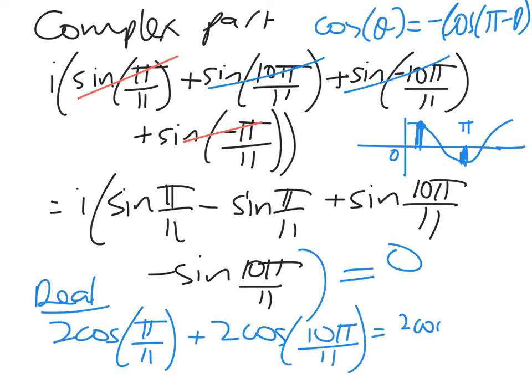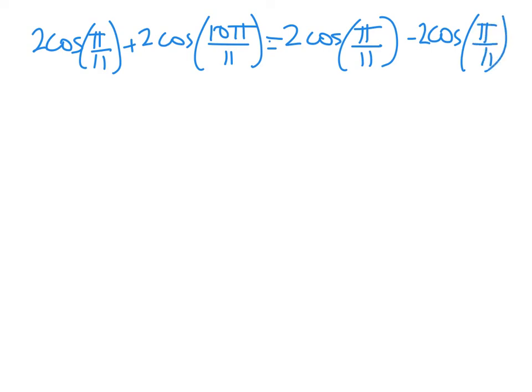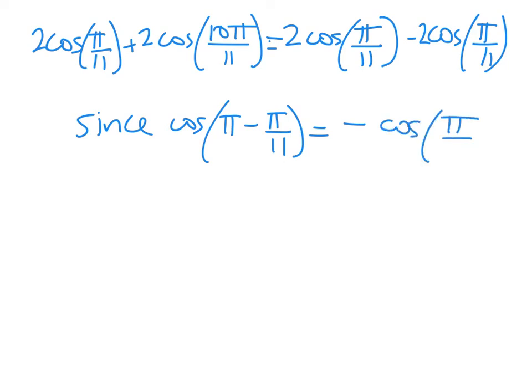So this equals 2 cos pi on 11 plus, really have to go to a second slide for this. 2 cos pi on 11 plus 2 cos 10 pi on 11 is equal to 2 cos pi on 11 minus 2 cos pi on 11, since cos of pi minus pi on 11 is equal to negative cos pi on 11.